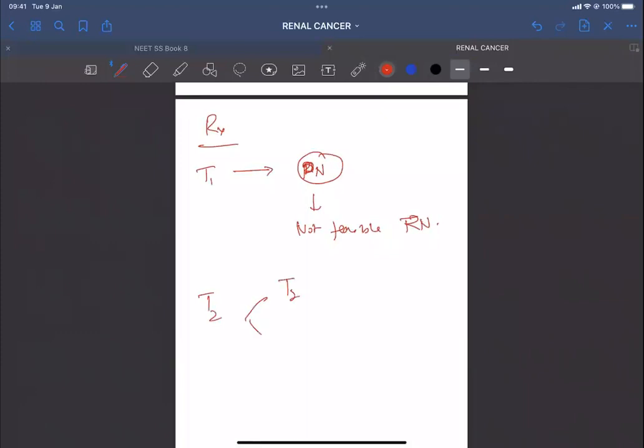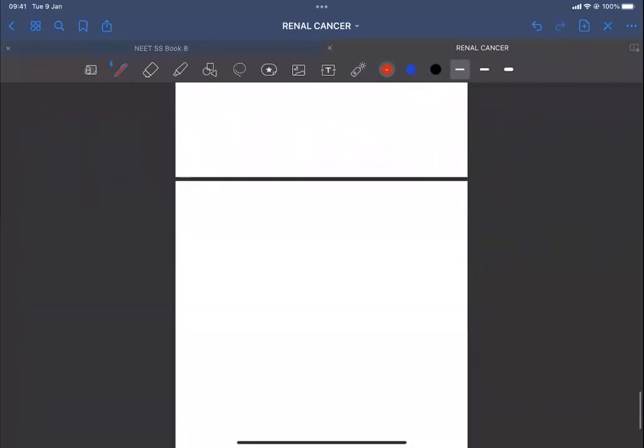T2, then consider PN, but most likely they will end up needing a radical nephrectomy. T3, you will need to do radical nephrectomy plus IVC or renal vein management, which is based on the level of thrombus, and they will most likely need an adrenalectomy as well.